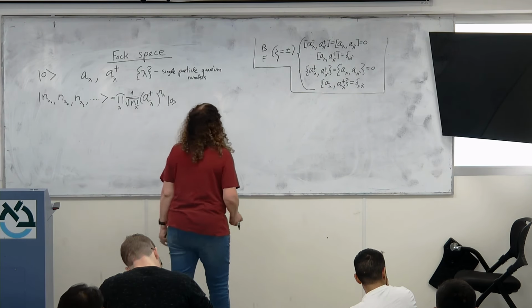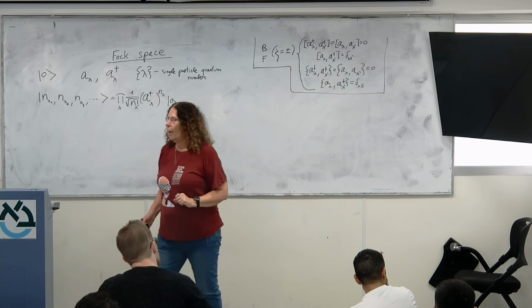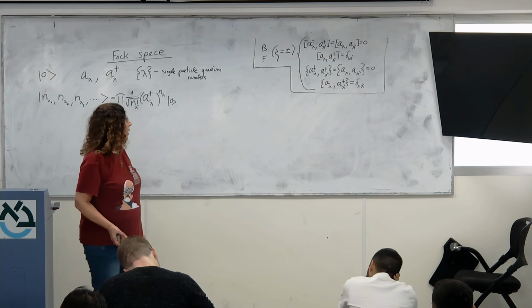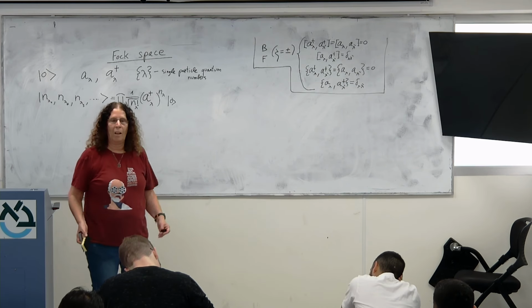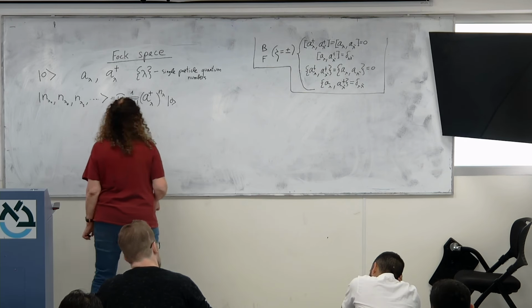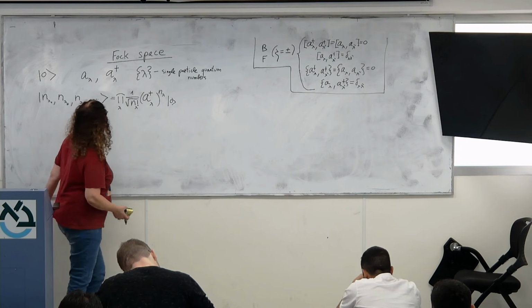We know that they are raising and lowering the occupations, and then we can calculate any matrix element, any expectation value. Okay, so the first thing is how to write the operators in the first place in this language.